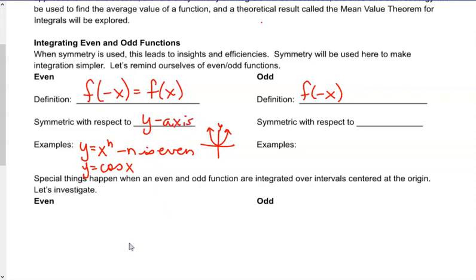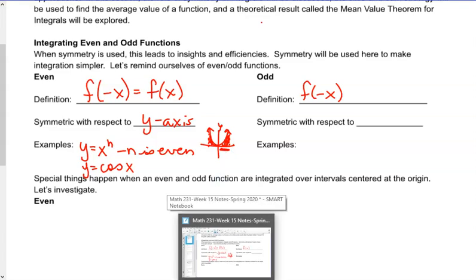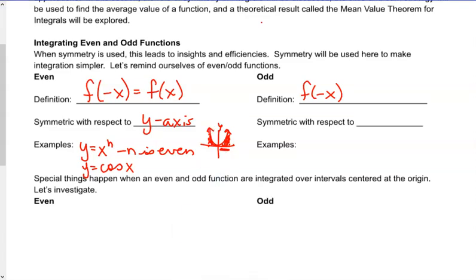When we talk about areas under a curve, the area on one side of the y-axis should equal the area on the other side. So basically we can just double this area and find the area of the whole thing.